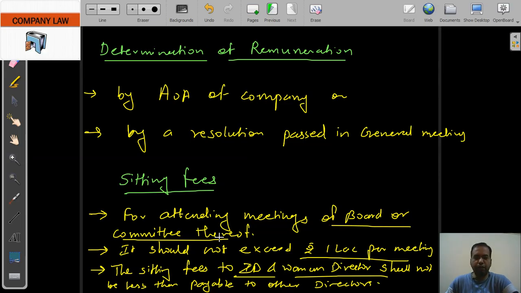Mode of payment of remuneration can be by way of monthly payment, it can be a specified percentage of the net profit, or partly by one and partly by the other. Refund of excess and everything, those provisions are also there. It should again be given in the annual report of the company. Recovery of managerial remuneration in certain cases can be done.